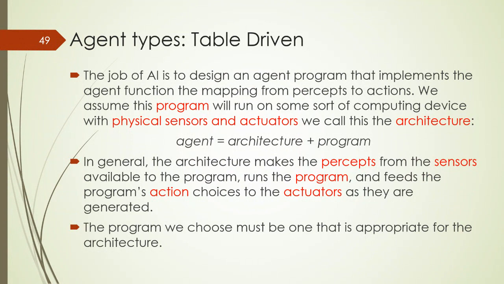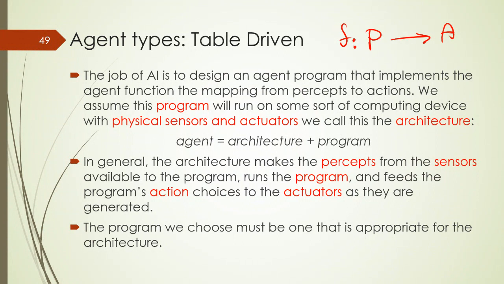If you look at a general aspect, the job of AI is to design an agent program that implements the agent function, the mapping from percepts to actions. This is the basic definition: a function which goes from percepts to actions. You give it the percept, it gives you the action.